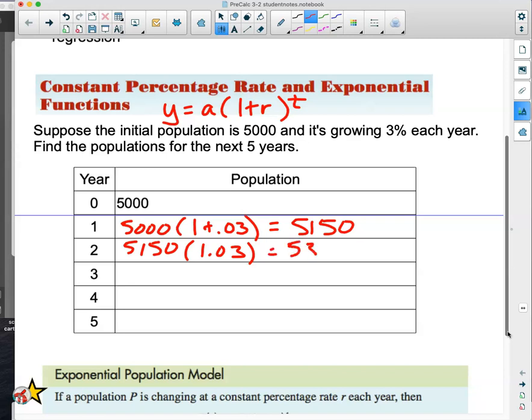5,304.50. Now, I'm leaving the decimals on here even though we're talking about population, and that's because I want you to see that we can get really accurate answers with these as we just keep going. So now I'd have to start off with 5,304.50.